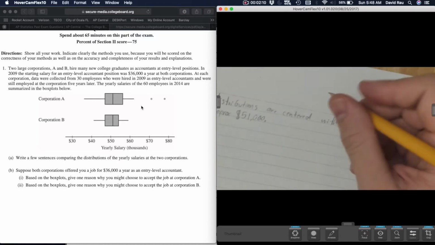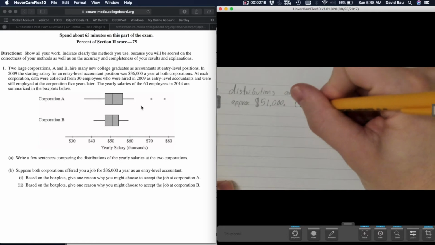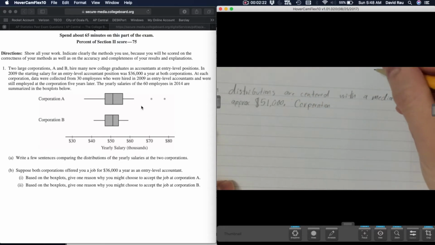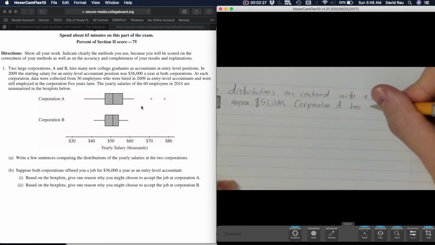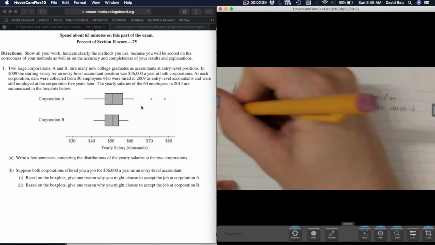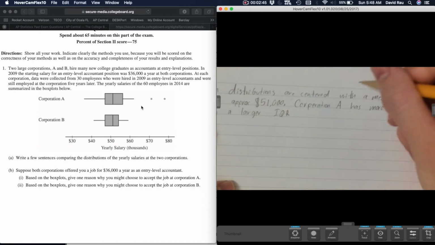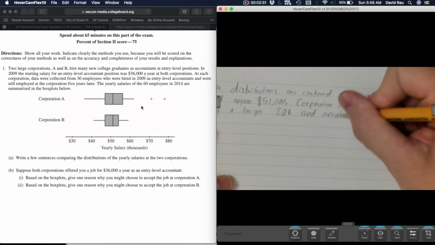Now from there, let's talk about their differences. Because really that's about the only thing they have in common. Corporation A has more variability, having a larger IQR, interquartile range, or in other words, rectangle, and overall range.